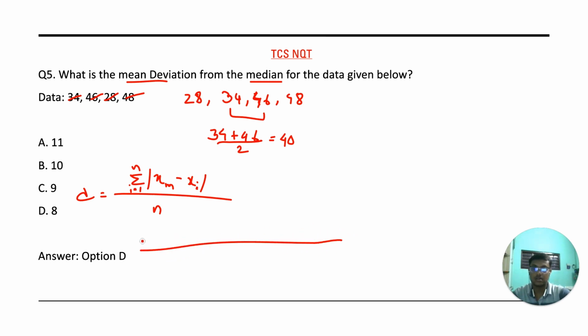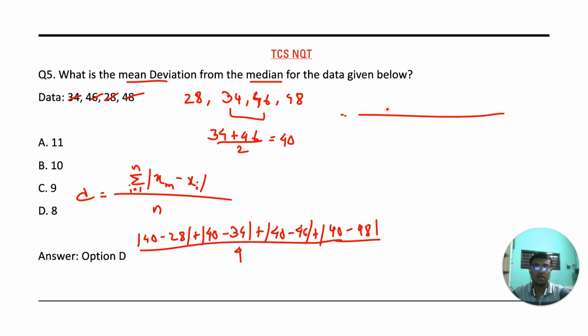So for our case, we can calculate it as mod of 40 minus 28 plus mod of 40 minus 34 plus mod of 40 minus 46 plus mod of 40 minus 48 divided by 4.